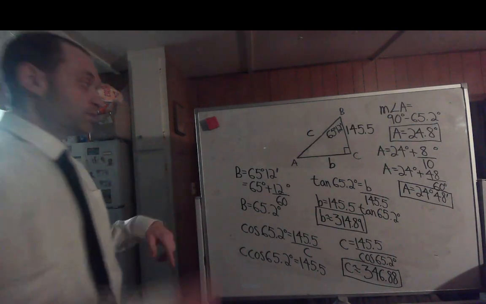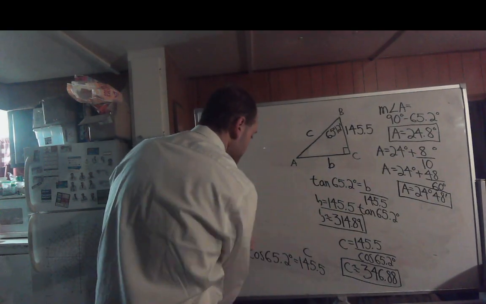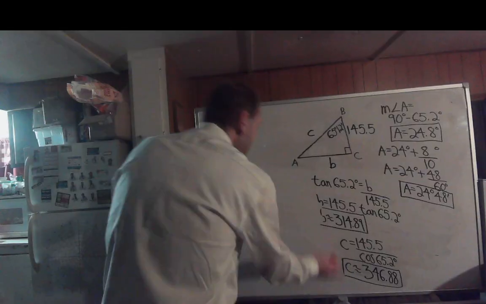Alright, so that's it for the right triangles. Let's move on to some isosceles triangles, and there's only going to be 4 of them. So let's see here.